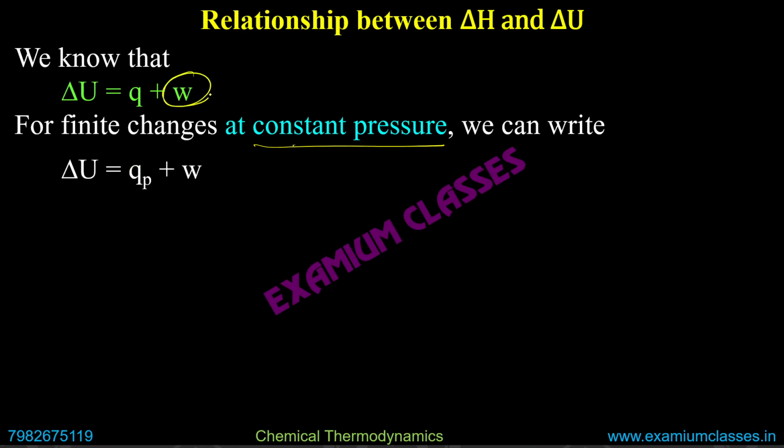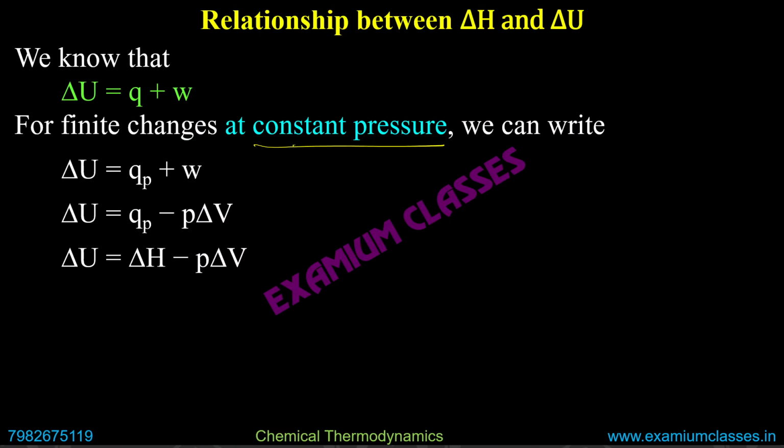And some work can be done because delta V is not zero now. Volume can change, so the reaction mixture can expand or contract. So there can be a change in volume. So W will also be there in that case. We can write W as minus P delta V.